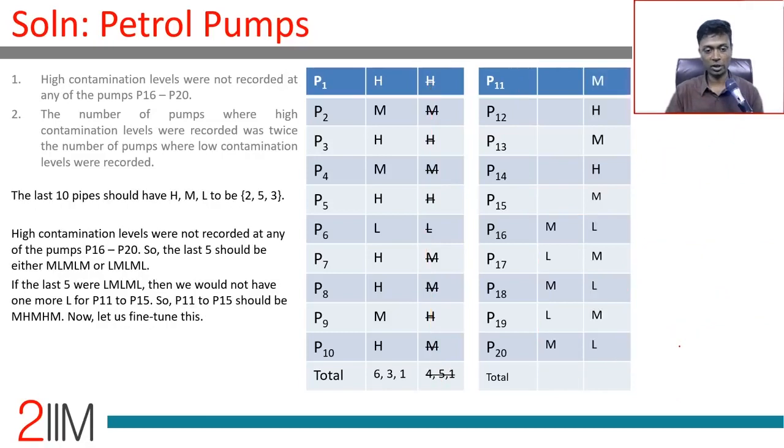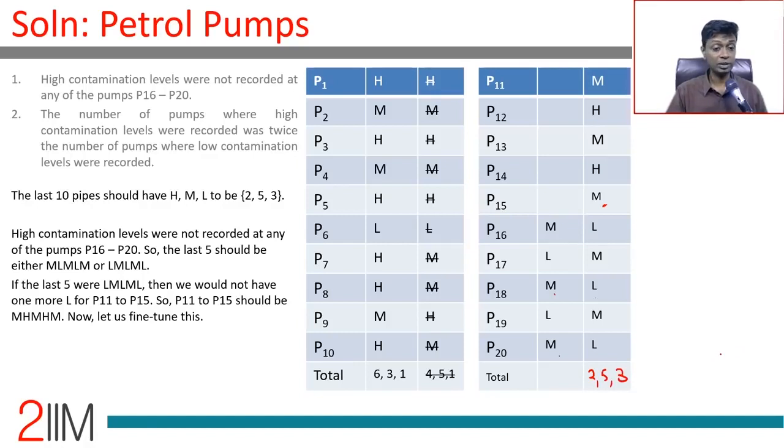Wonderful. So let's now go and chase this. The last 5 has to be ML, MLM or LM, LML. There are only M and M here. We need to have 3 more M's. That has to be only like this. We put those in. So MH, MHM, LM, LML. So we'll have 2 highs, 5 mediums and 3 lows.